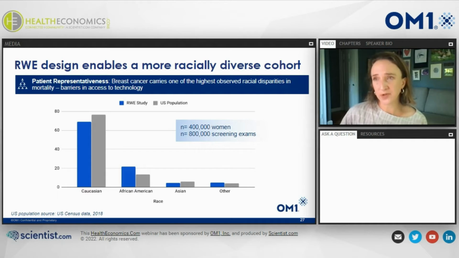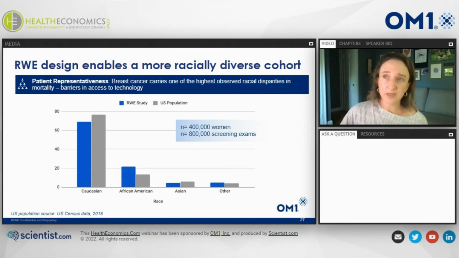So we know that breast cancer carries one of the highest observed racial disparities in mortality. This is a complex problem attributable likely in part to barriers in access to screening. It's been observed that Black women tend to have more aggressive breast cancer subtypes at an earlier age as well. But in fact, the sponsor of this program has a deep commitment to health equity and women's health in particular.